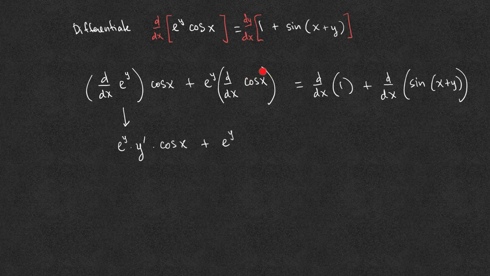The derivative of cosine of x with respect to x, same variable, is the normal regular derivative. The derivative of cosine of x is negative sine of x. The derivative of 1 is 0.